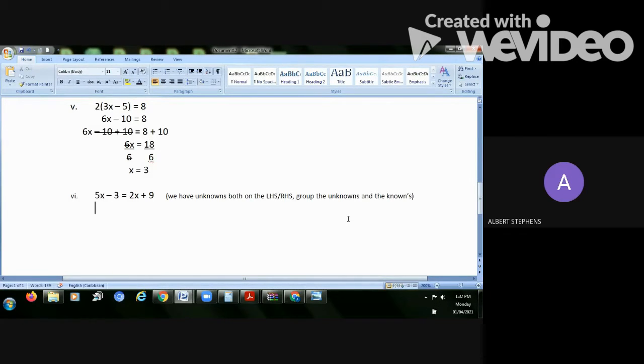Some people might conventionally just automatically put the x's on the left hand side and the numbers on the right hand side. So we're going to try that, although sometimes you don't necessarily have to do that. So we're going to put all the letters on the left hand side and all the numbers on the right hand side. Now watch carefully.